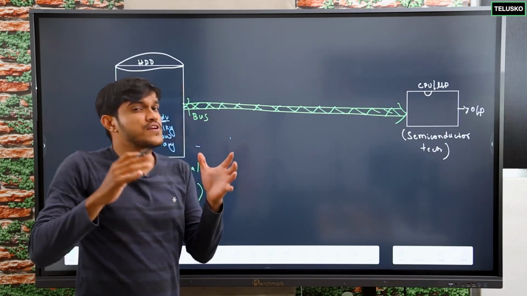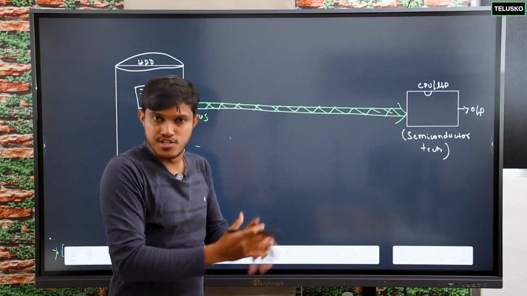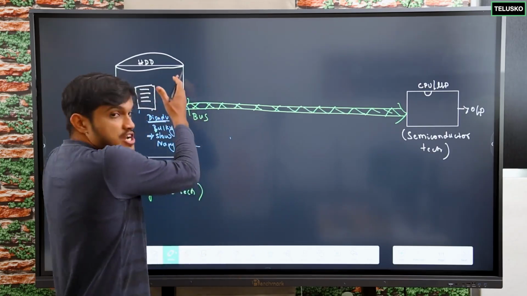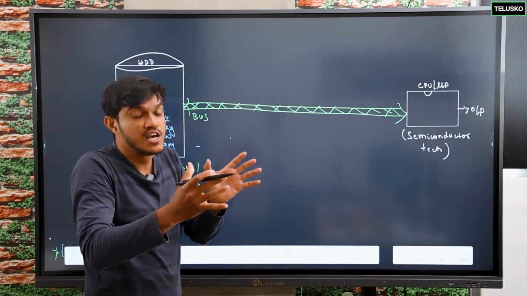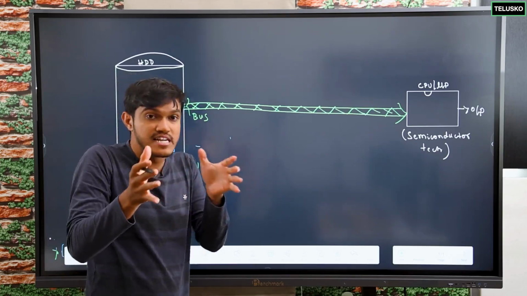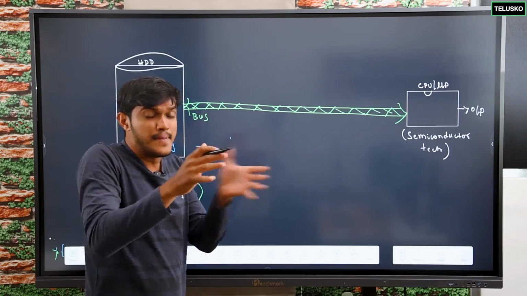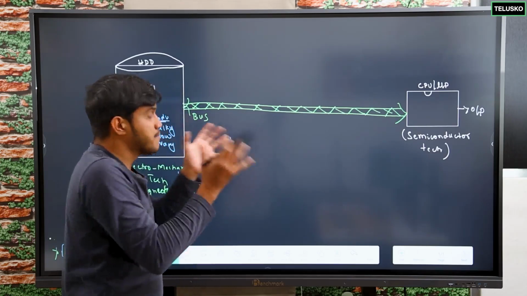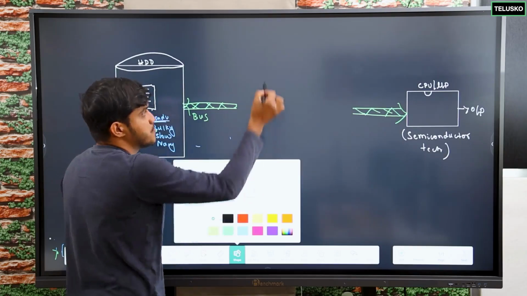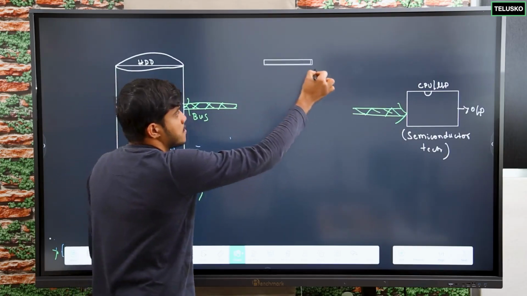After a lot of research, almost a decade of research, starting in the 1950s, almost in the middle of the 1960s, they came up with a device which can match the speed of your processor.